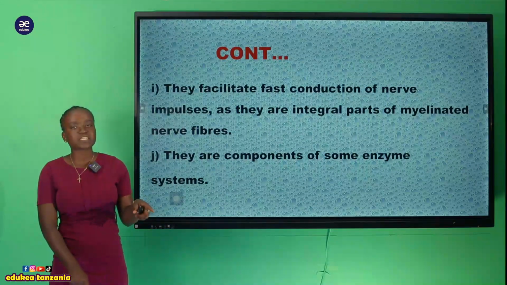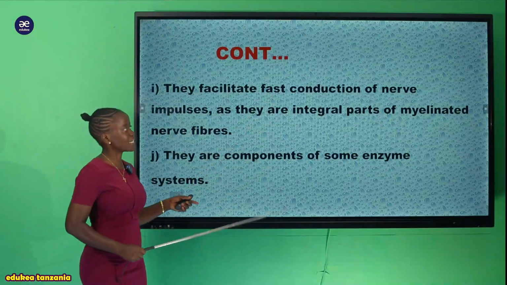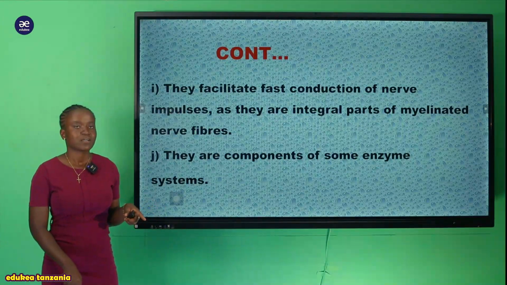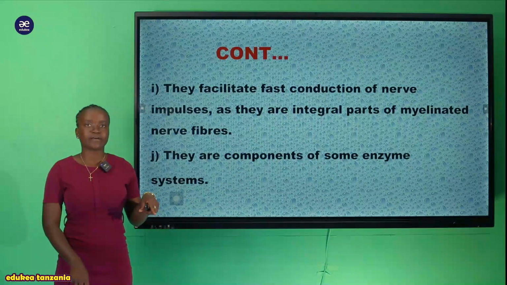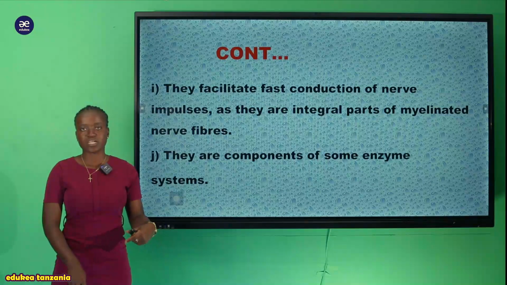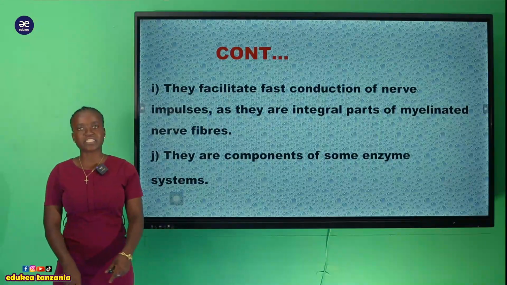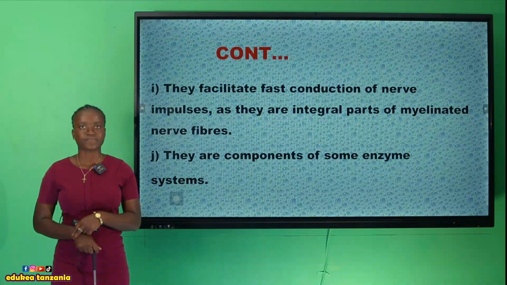So due to the presence of those lipids, it tends to speed up the rate of conduction of nerve impulse. Also the myelin structure is made with this lipid, so that it facilitates easy or rapid conduction of a nerve impulse.